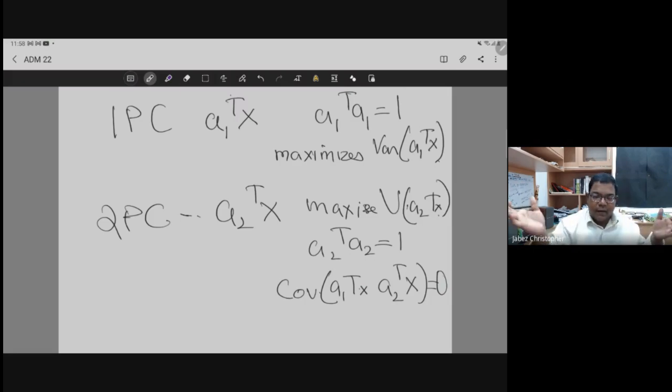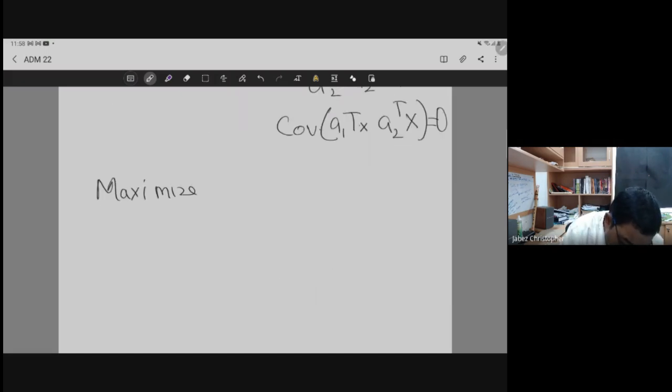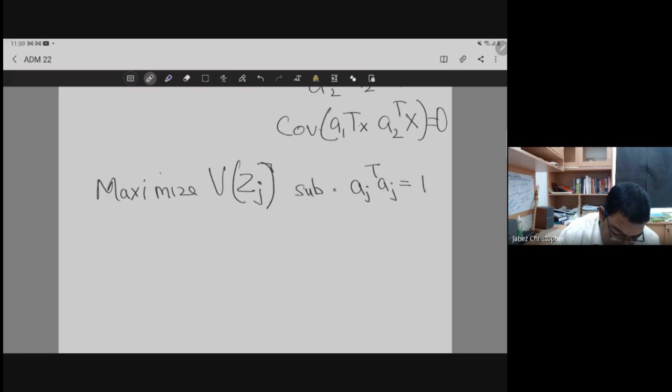That means it captures the maximum variance, right? So my maximization is to maximize variance of Zj subject to the constraint that the involved vectors Aj are orthogonal, or the same constraint I can write in another form. Clear? How will you solve this?